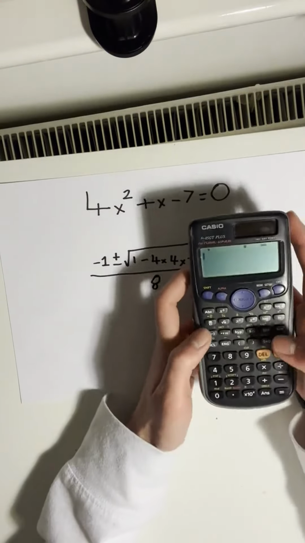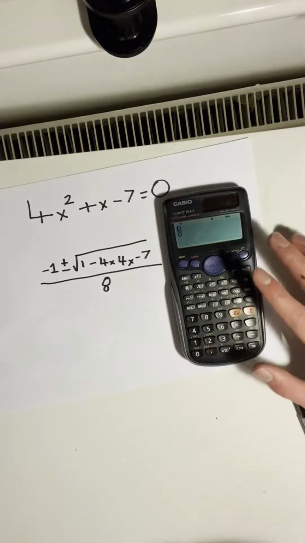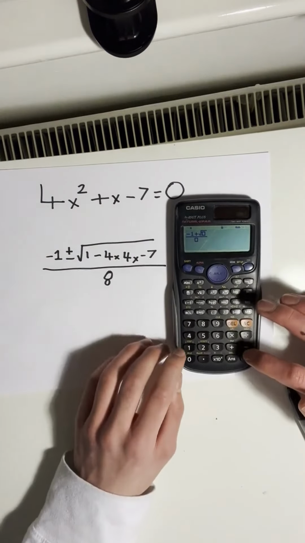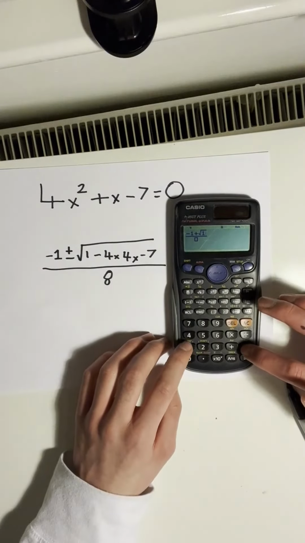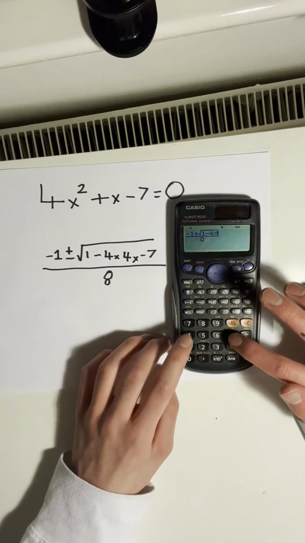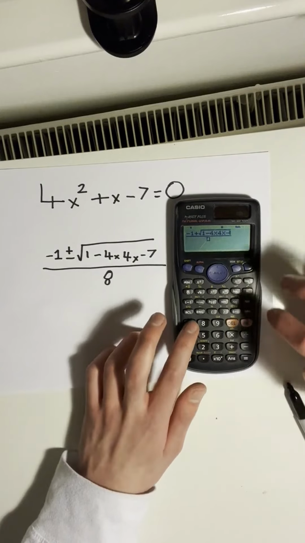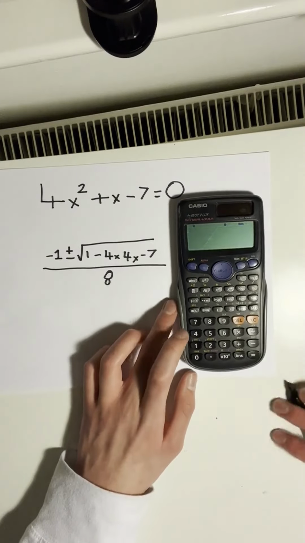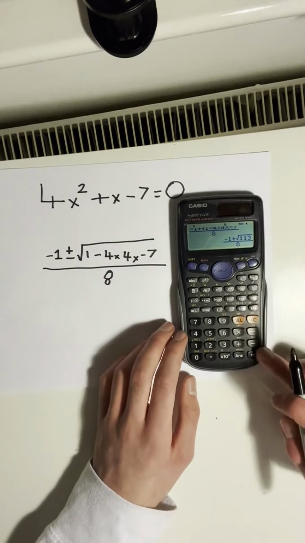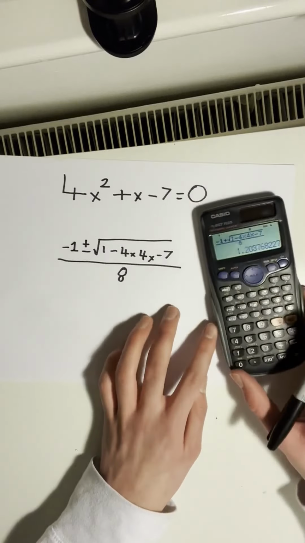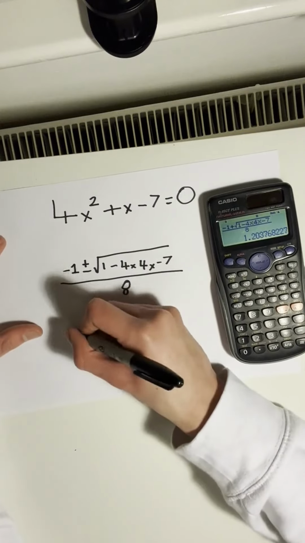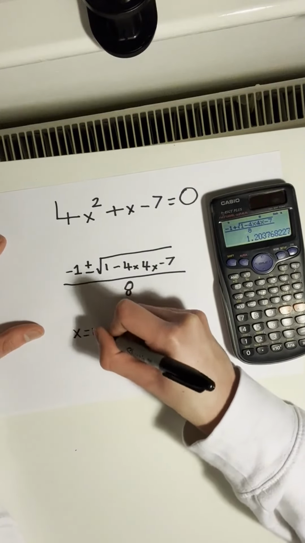We'll plug this into our calculator. Minus 1 plus, once again we'll do minus the next time, so minus 1 plus root 1 minus 4 times minus 7 over 8. Our first solution is 1.20 to 2 decimal places.